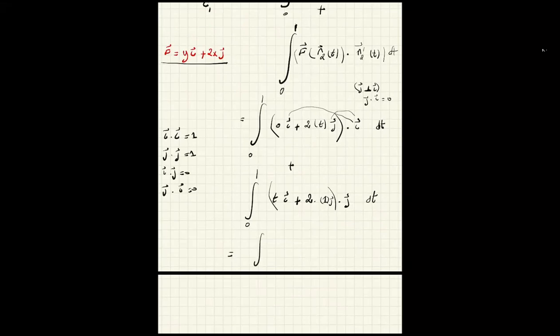So it's the integral from 0 to 1 of 0, because 0 times 1, plus 2t times 0, plus the integral from 0 to 1 of t times 0 plus 2 times 1, dt.